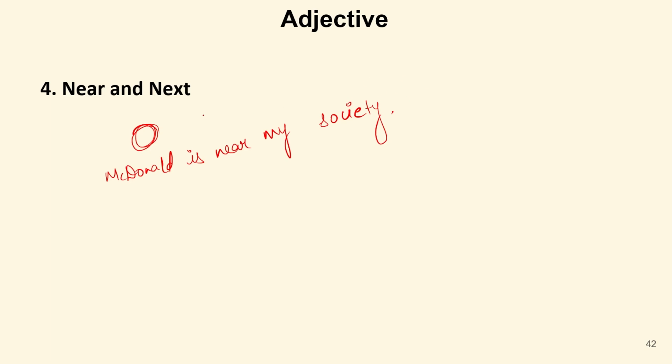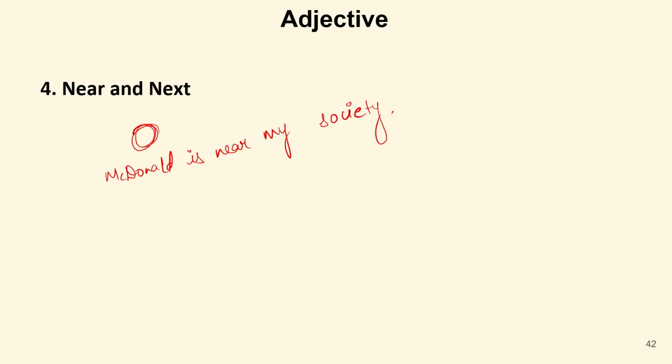It can be either on the left side, on the right side, maybe after 2 or 3 shops, maybe after a few steps, or maybe it is just near my society.